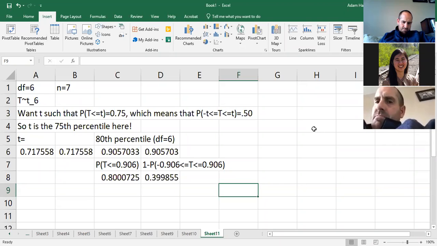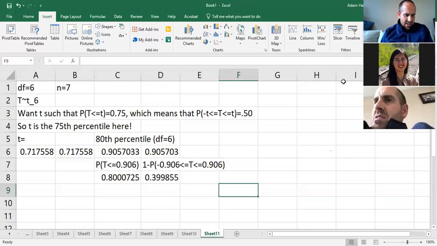Hang on a second. I'm gonna turn off my second camera here. There we go.